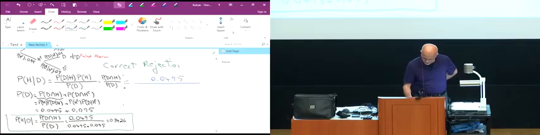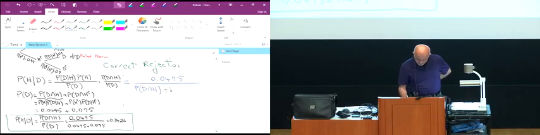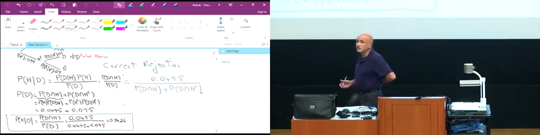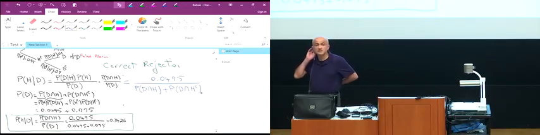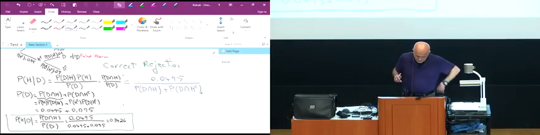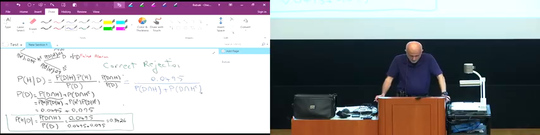Well, actually, we've written it here. The probability of D is the probability of D and H plus the probability of D and H complement. What principle am I using here? The what? I can't hear you. Law of total probability. Thank you.